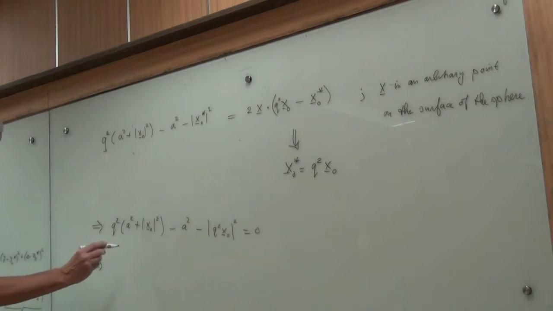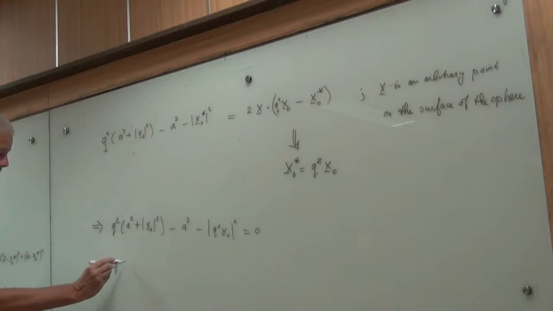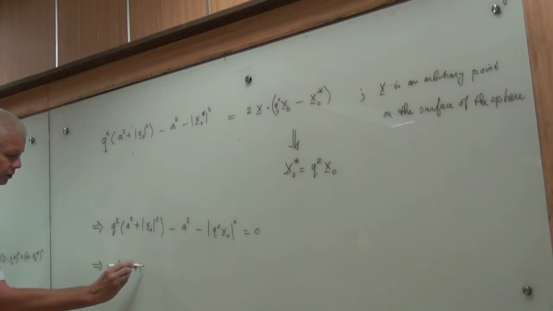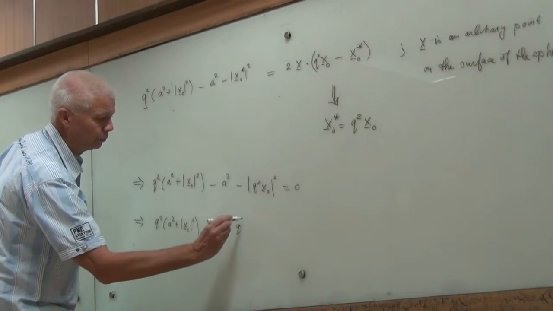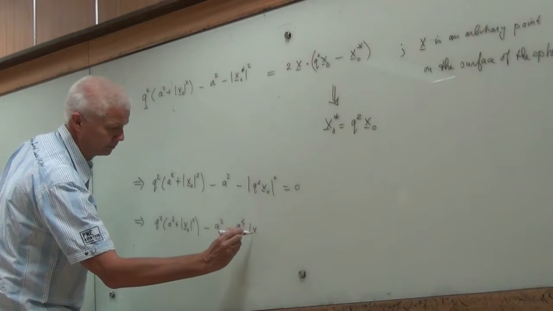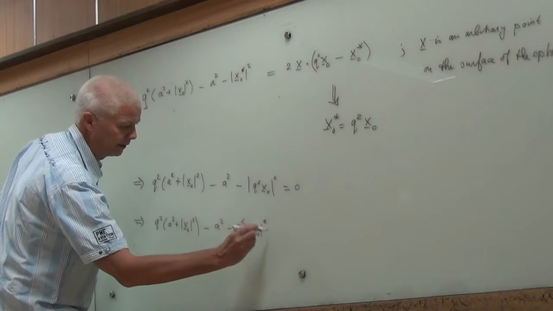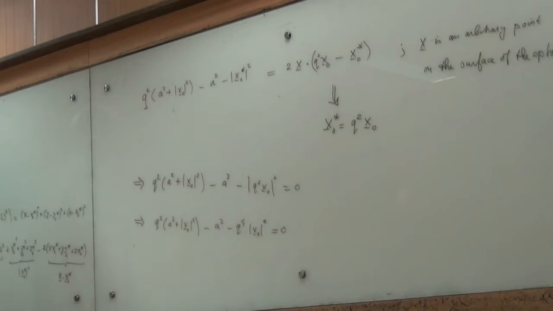Okay, that's equivalent, it follows that q squared times a squared plus x0 squared minus a squared minus q to the power 4 times x0 squared is equal to 0.